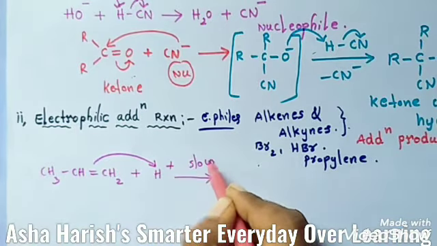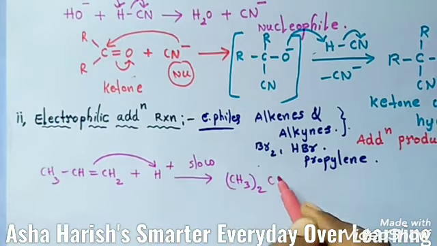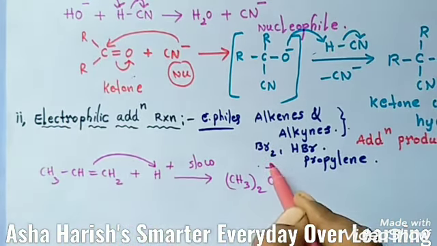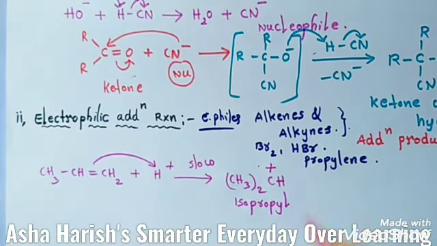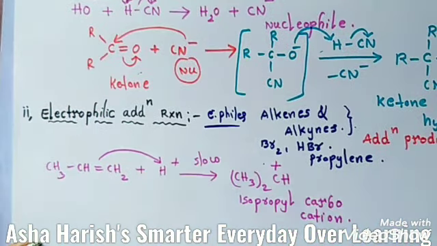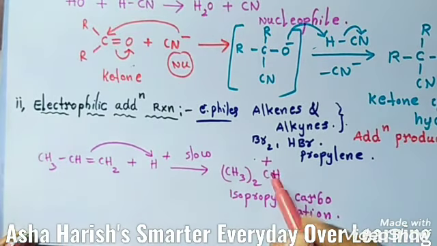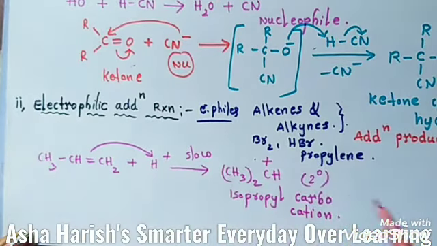This is a slow reaction, and the formed product is CH3 CH+ CH3. Due to this transfer of electrons, a plus ion is formed. This is known as isopropyl carbocation. At this second carbon is the positive charge, so this is known as secondary carbocation.